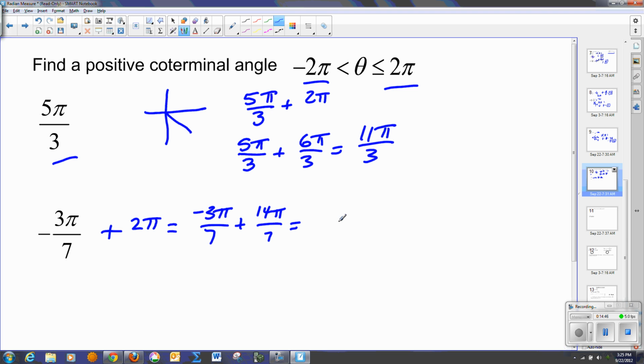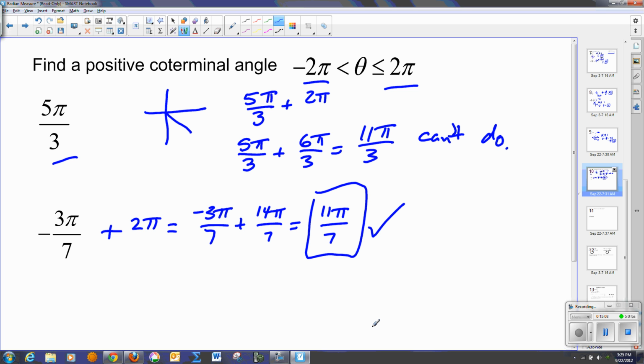And in this case, I'll get 11 pi over 7 as a positive angle that is still less than 2 pi because it's less than 14 pi over 7. So this actually checked out. This I wasn't able to do, but I did show you the process you'd use to find it.